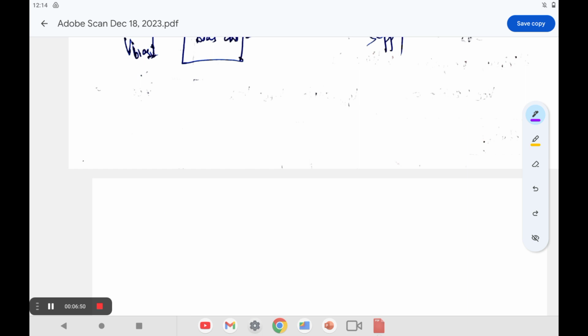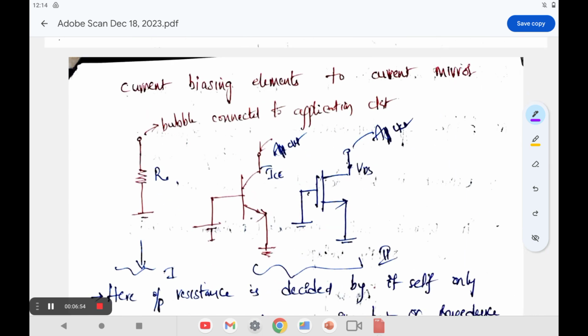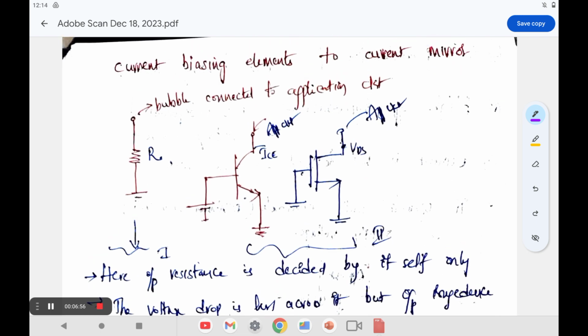Those are the three important considerations. Now let us see what the different versions are from the biasing element point of view. So how do current biasing elements lead to current mirror circuits?